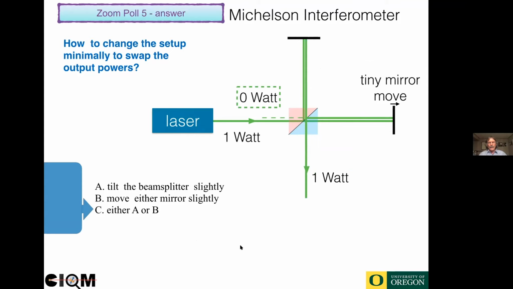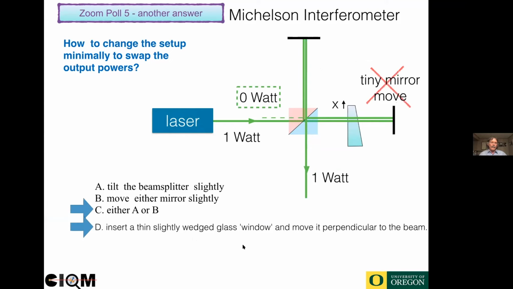So we have either A or B, but there's a third answer as well. We could insert a thin piece of glass here, which is a wedge shape, and it imparts a certain amount of phase accumulation, depending on how thick it is.